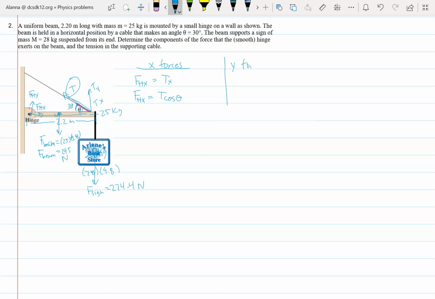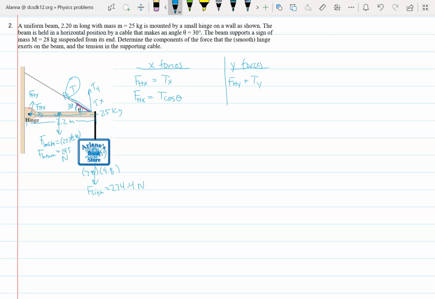Now I'm going to have my forces in the y direction. So I have more things going on there. So like with the problem with the bridge, I want all of my forces going up to equal all of my forces going down. So my two forces going up are the y from the hinge and the y from the tension. So I'm going to have FHY plus TY.